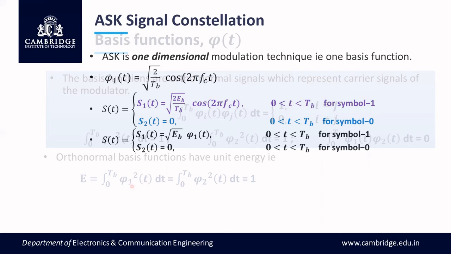We modify the amplitude with TB, which gives the sinusoidal energy over one symbol duration. If you integrate after squaring the signal over the total TB, the energy is half. A basis function makes the signals unit energy in one symbol duration. We have taken the amplitude of this always equal to 1, and for sinusoidal signals, root of 2 by TB. So orthonormal basis functions have unit energy.